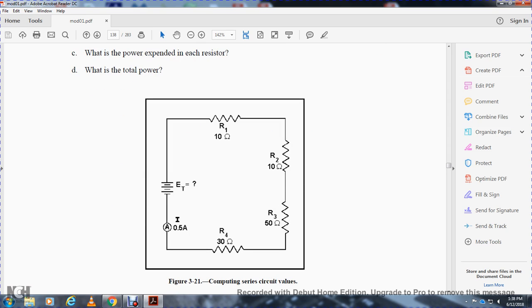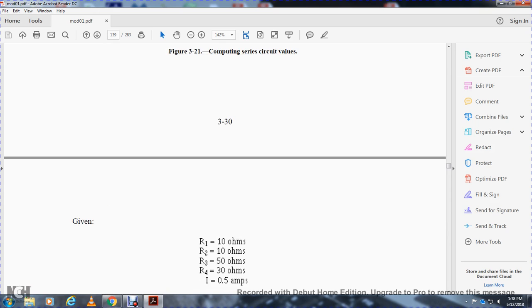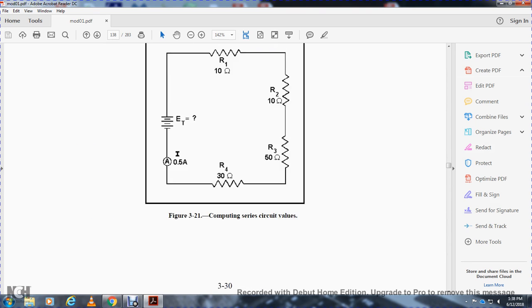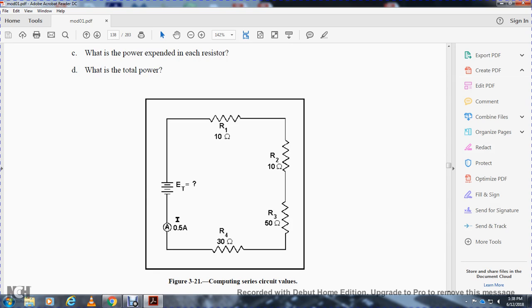You have the current, which is 0.5 amps. So your first voltage would be E equals I times R, which would be 5 volts for resistor 1, and then the others. Sorry, I'm trying to do them individually. Resistor 1, 10 volts, then 20, 20, 30, 50, totaling 100 volts, at 0.5 amps.